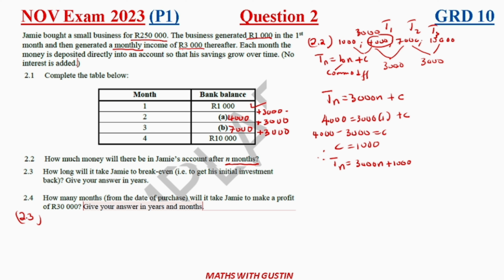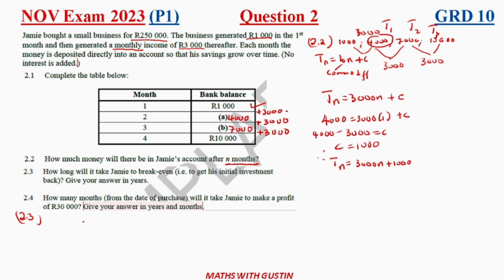They mean how long will it take for him to have this money of 250,000, right? How long would it take for him to reach that amount, to have all his money back? Remember, they said he bought a small business with 250. So how long will it take for him to have this 250 back?